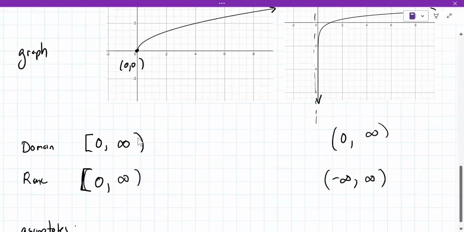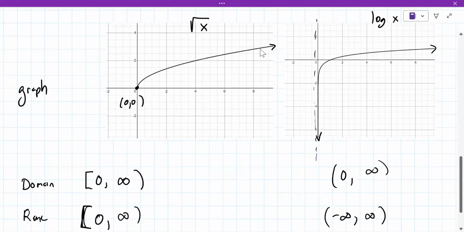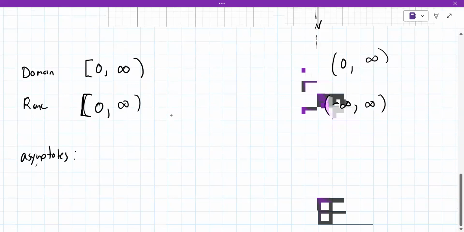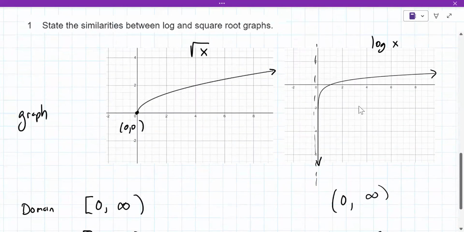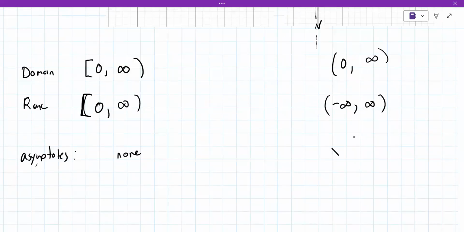So the asymptotes: the square root function does not have any asymptote. They would either be horizontal or vertical. So this one actually has none. The log function has a vertical asymptote at x equals 0. So you might say x equals 0, vertical asymptote.